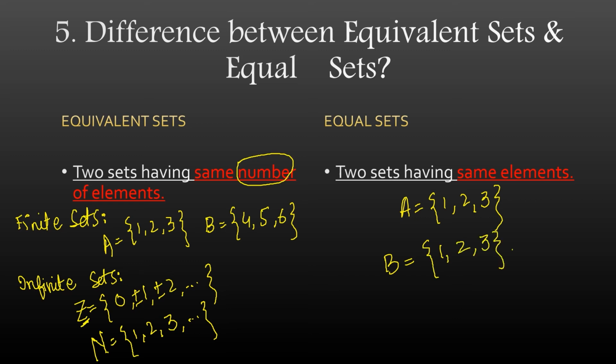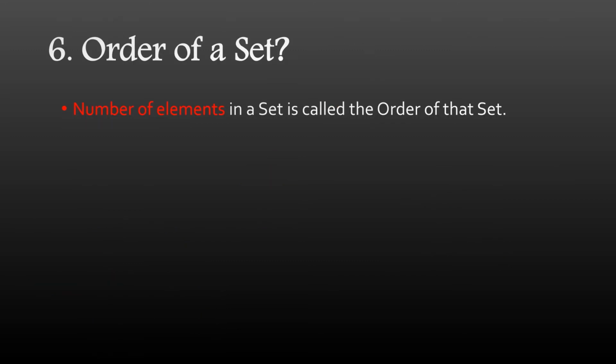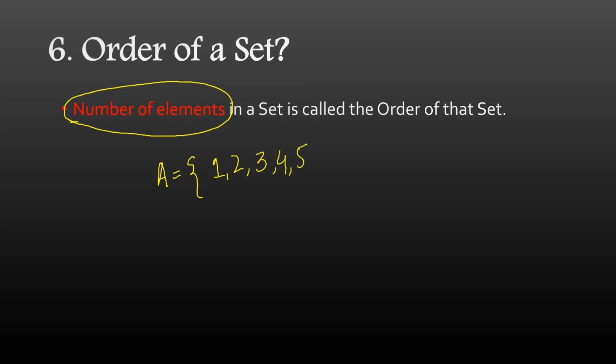Okay. Next is order of a set. What is the order of a set? Order is the number of elements in a set. Consider a set A equal to 1, 2, 3, 4, 5, 6. What is the order of A?